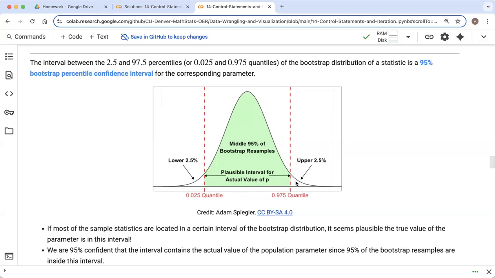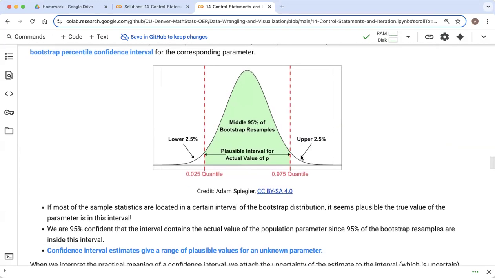And then what's left is the 95% of the samples in the middle. This 2.5% comes from the fact that if 95% are in the middle, 5% is not in the middle, and we split that 5% evenly in the lower tail and the upper tail. So that's what's going on here.